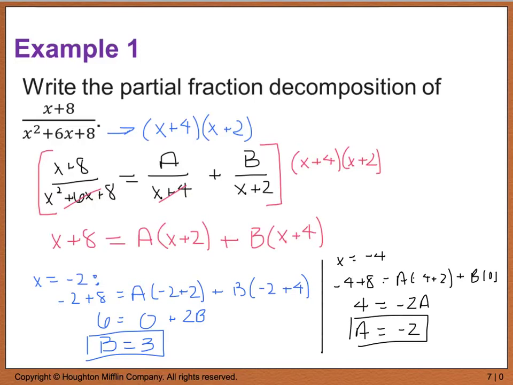So to complete my problem, and you have to do this, because when you factor, you might have x + 2 first instead of x + 4, so you have to go back and substitute what your A and B values are.